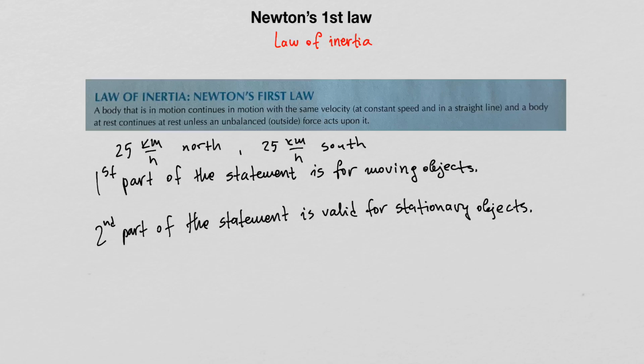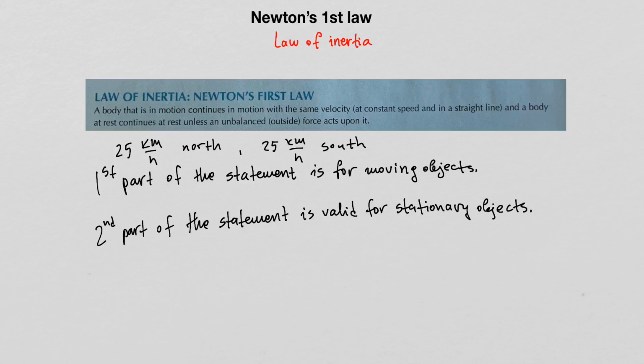We can have an object at rest, an outside force is applied to that object, and the object now starts to move. If during that process of motion no force is applied to the object, it is going to continue to move with the same velocity, meaning with constant speed and in a straight line, until another unbalanced force is applied to it.